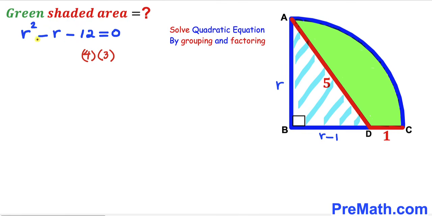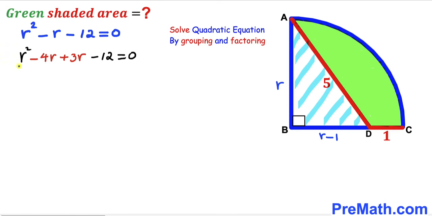We can tweak this middle term: negative 1r can be written as negative 4r plus 3r. Here 4 and 3 are coming from here. As you can see in this next step, I have replaced this negative r with negative 4r plus 3r.